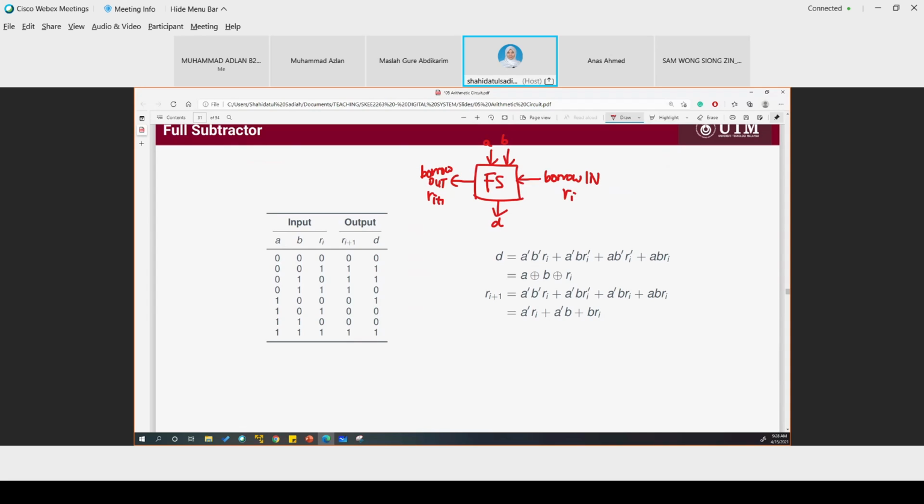So there are 3 inputs, A, B, and Ri. The output D is the result of 0 minus 0 minus 0, that is 0. 0 minus 0 minus 1 is minus 1. This is also 0 minus 1. This is 0 minus 1 and then subtract another 1, so this is minus 2.